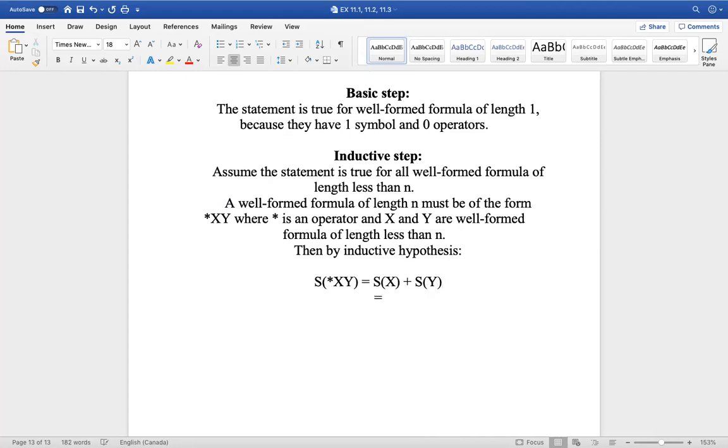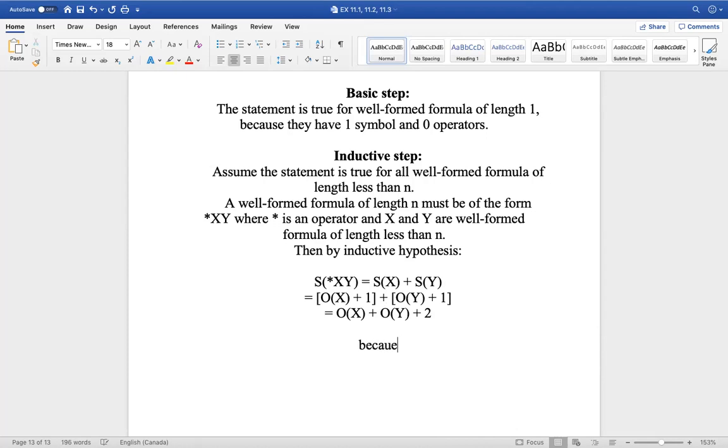This is equal to O(x) plus 1 plus O(y) plus 1, which equals O(x) plus O(y) plus 2.